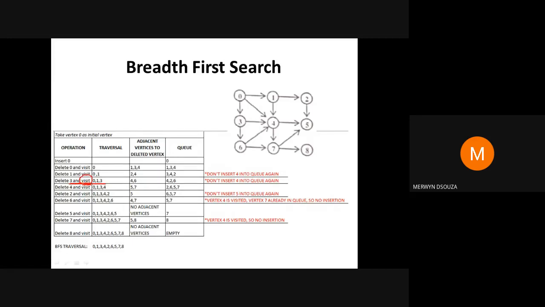What's the meaning of visit? You put it in the traversal column, and also you find out the adjacent vertices of this. I'll just write down here, this was in waiting, this was in initial state.